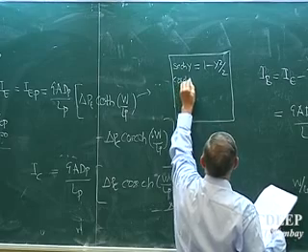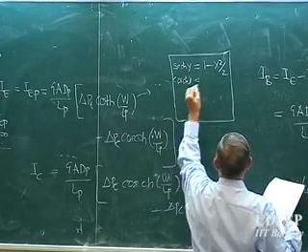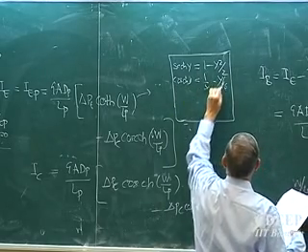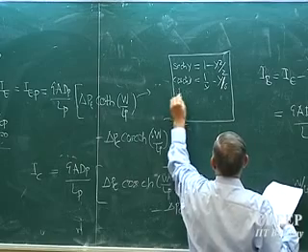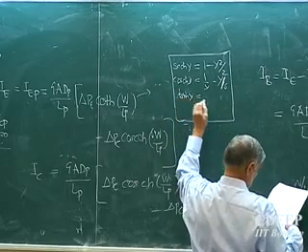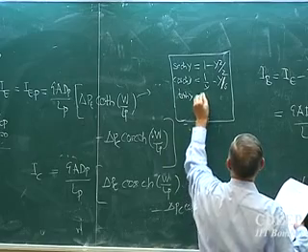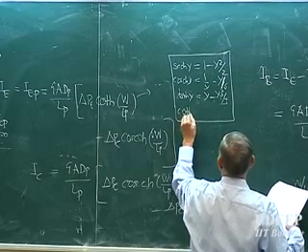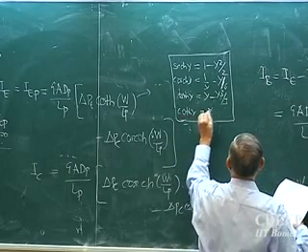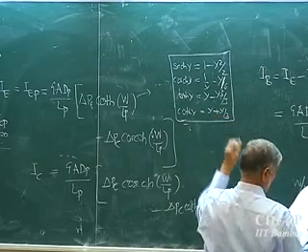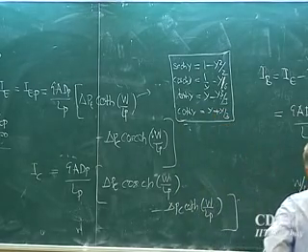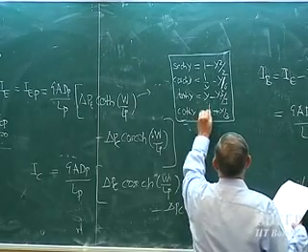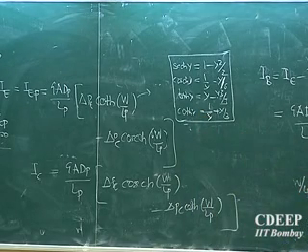Cosech y is 1 by y minus y by 6. Tanh y is y minus y cube by 3, and coth y is 1 by y plus y by 3. Sorry, I said it last time but made a mistake.